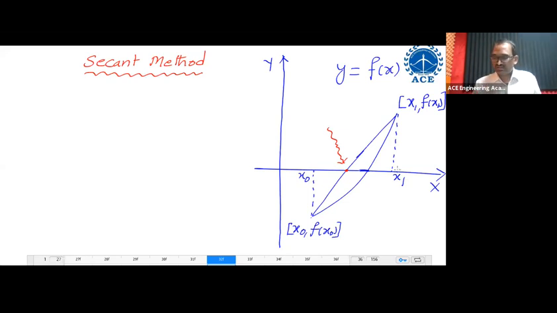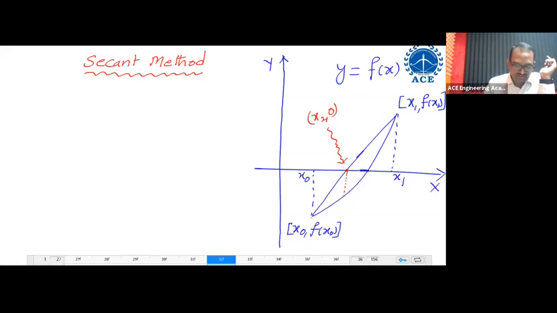Now x0, x1 are already completed. So this point, let it be x2. On the x-axis, y coordinate 0. So this is x2 comma 0. At this point, come down perpendicularly, because if we go up perpendicularly, we cannot reach the curve.